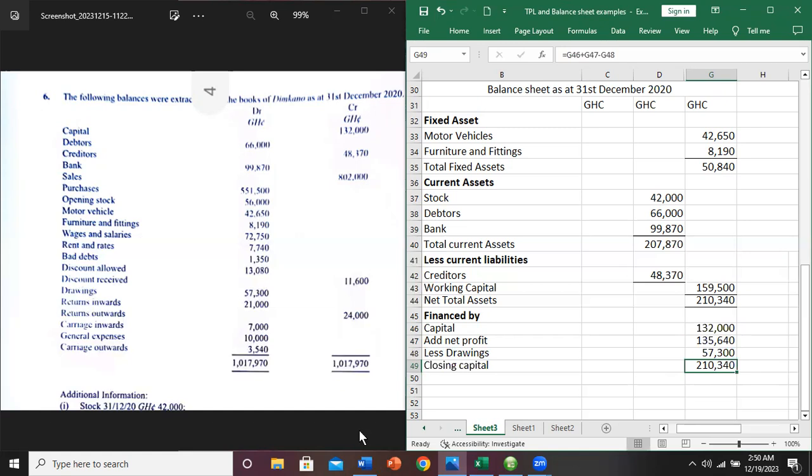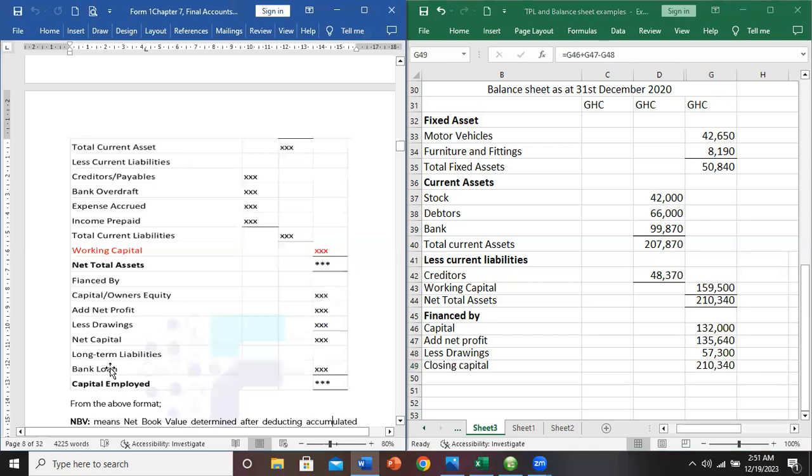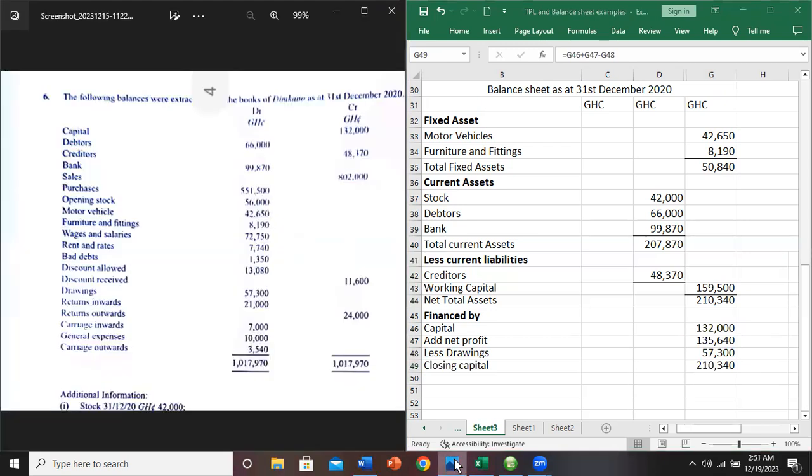You see that after getting the net capital, you need to add long-term liability, which is the bank loan. So you check the question for a loan. So let's check this question if we have that. In this question, loan is a liability, so it should be on the credit side. Loan, there's capital, there's creditors, there's sales, there's discount received, there's return out. So we don't have any loan. So there is no long-term liability.